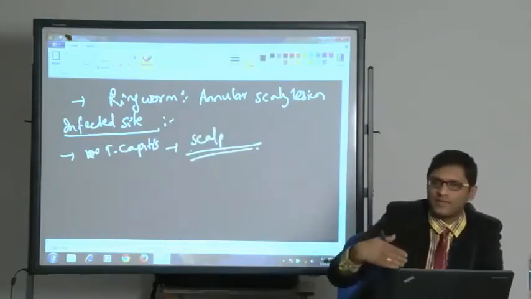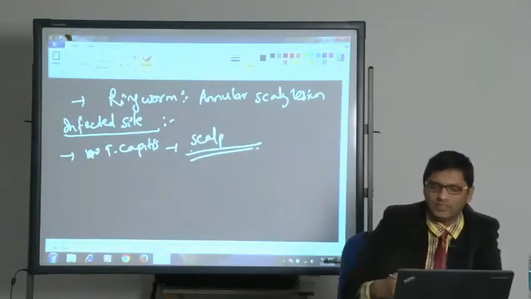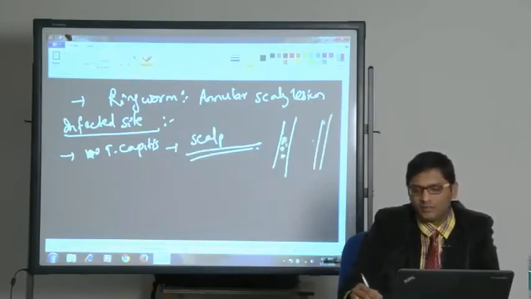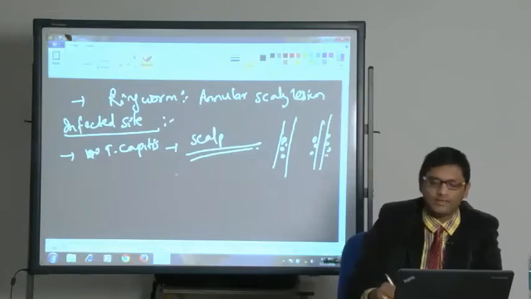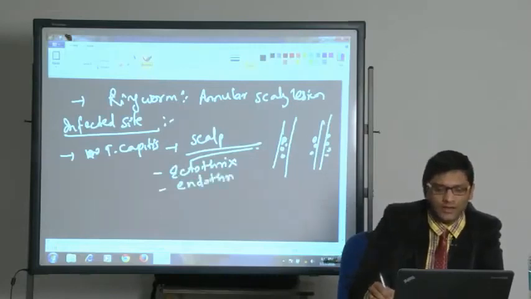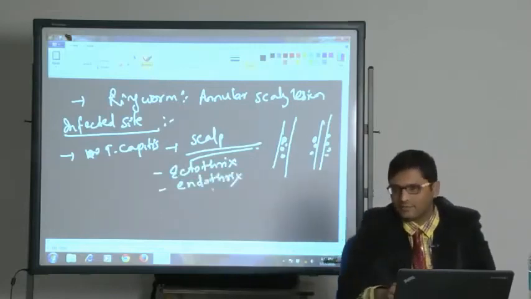Tinea capitis has various subdivisions. They depend on whether spores are produced inside or outside the hair shaft. Accordingly, it is called ectothrix and endothrix. Both these are varieties of Tinea capitis.